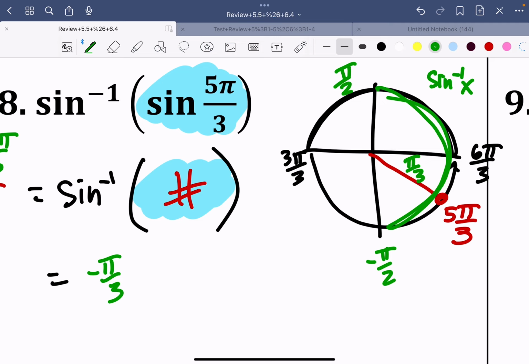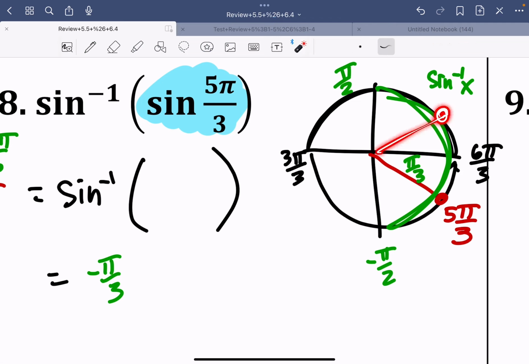Right? Now, if you want to, you could have gone ahead and found that angle. So we don't have to do this, but let me just show you what it is. Well, when you take the sine of pi over 3, you know from your trig hand that if our reference angle up here is pi over 3, for sine, you're going to get the square root of 3 over 2, right?